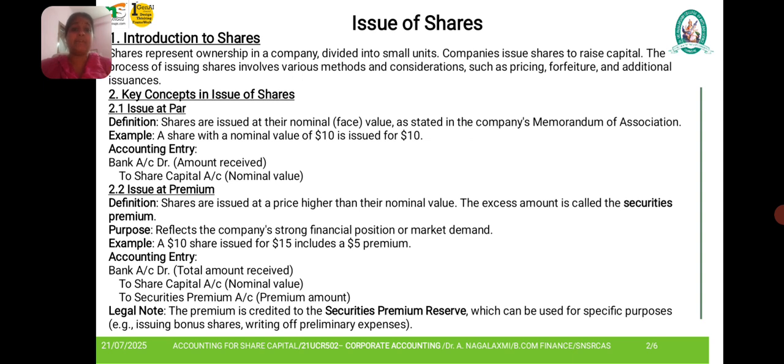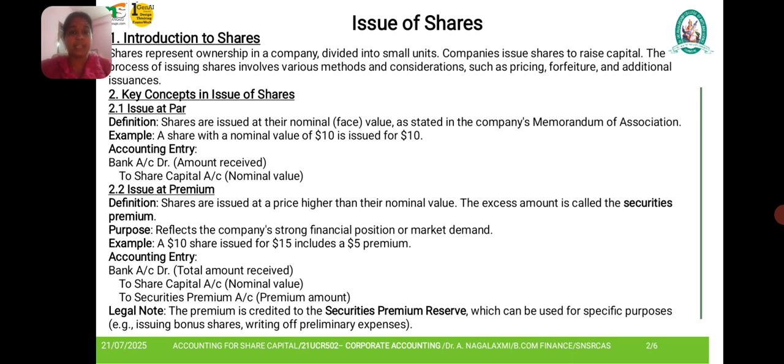See, there is an example for it. If the face value is 10, and it is issued at 15 rupees, 5 rupees is a premium. The accounting entry we pass for the issue of shares at premium is bank account debit to share capital account and to share premium account, as share premium is a profit gain.